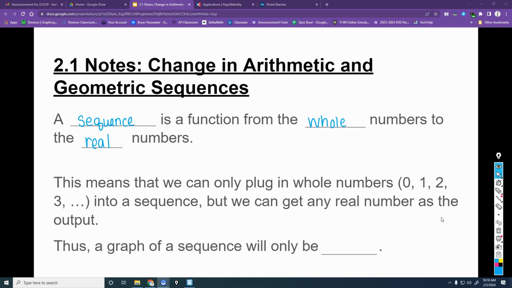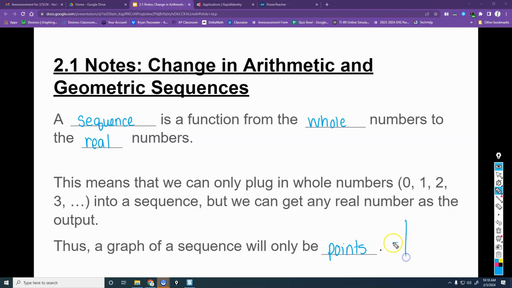Okay? Now, if we graph this, because we're only plugging in whole numbers, we're only plugging in 0, 1, 2, 3, 4, our graph is only going to be points. Those points will not be connected, right?